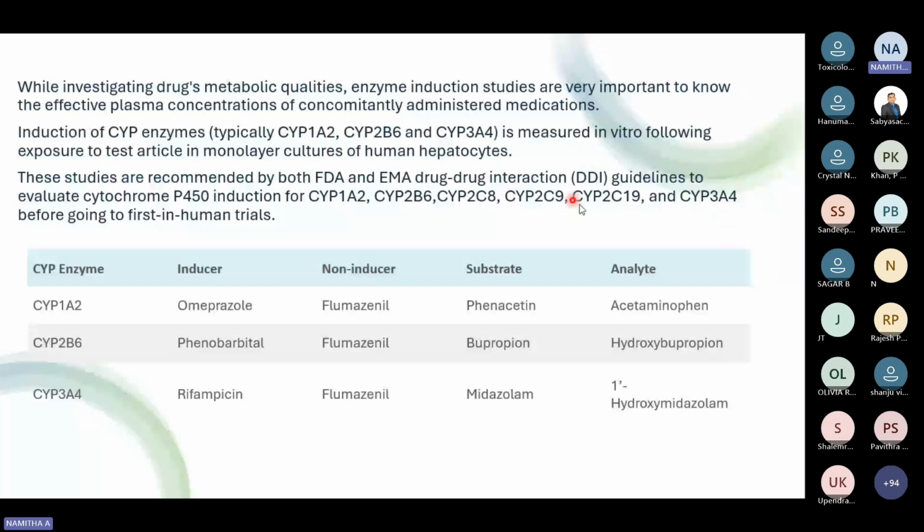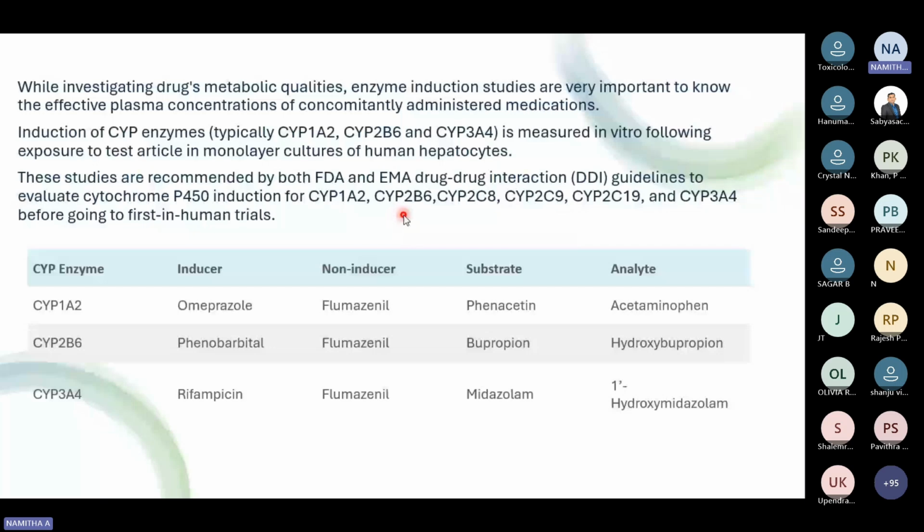The main enzymes estimated are CYP1A2, CYP2B6, CYP2C8, CYP2C9, CYP2C19, and CYP3A4. There are some examples below. For CYP1A2, the inducer approved by FDA is omeprazole, and the non-inducer is flumazenil.